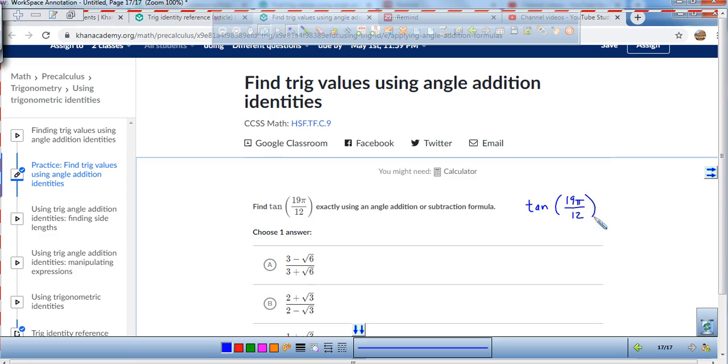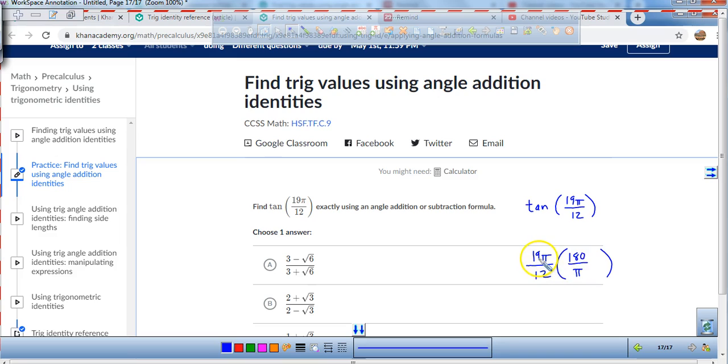Now, there's lots of ways to do this. The way my brain works, I typically work better in degrees than I do radians. This is in radians, so I want to convert it to degrees. So how do we convert 19 pi over 12 into degrees? All you have to do is multiply it by 180 over pi.